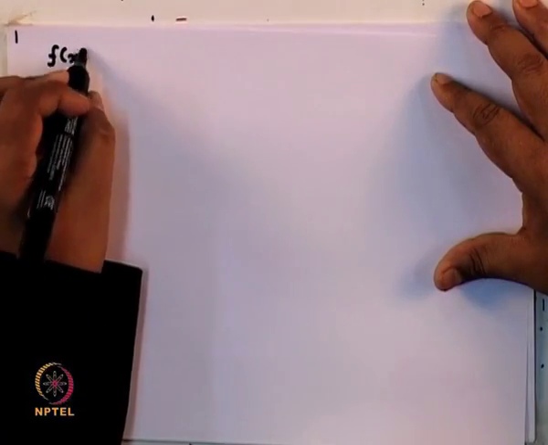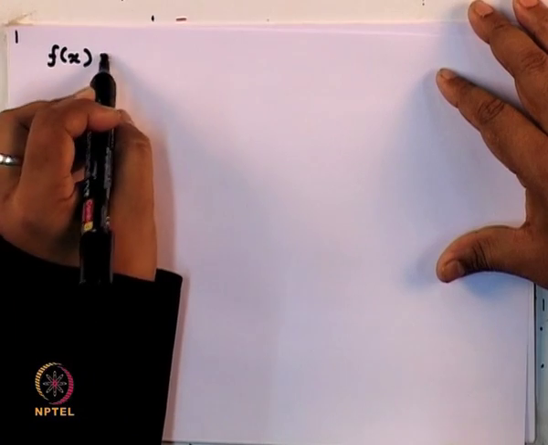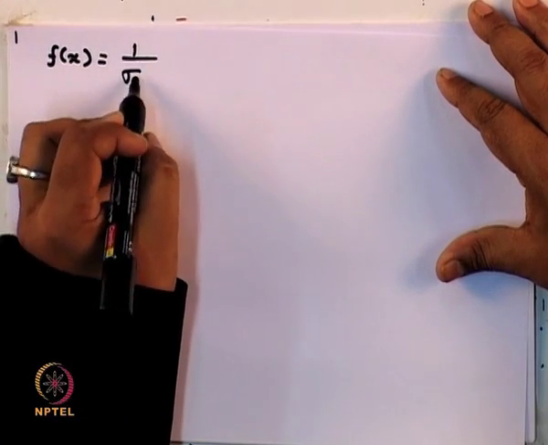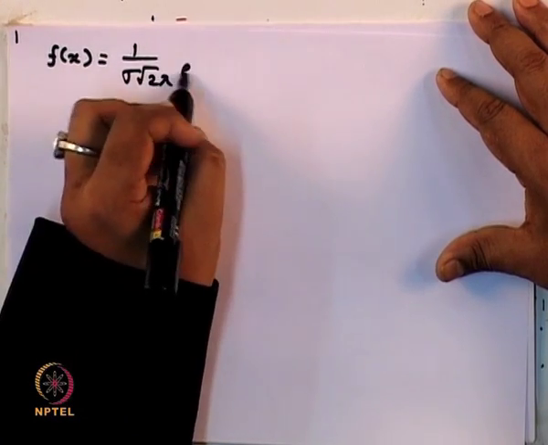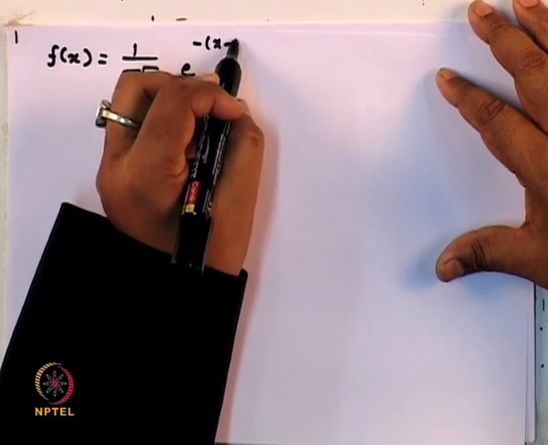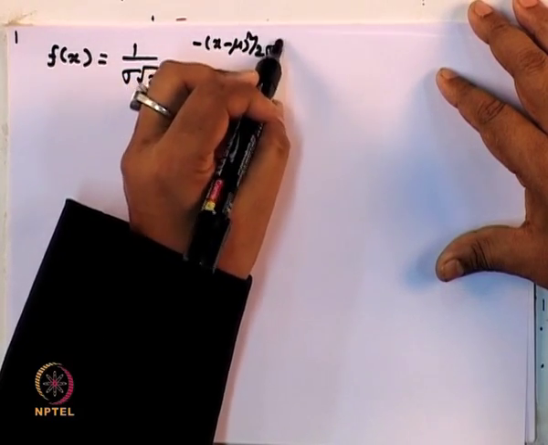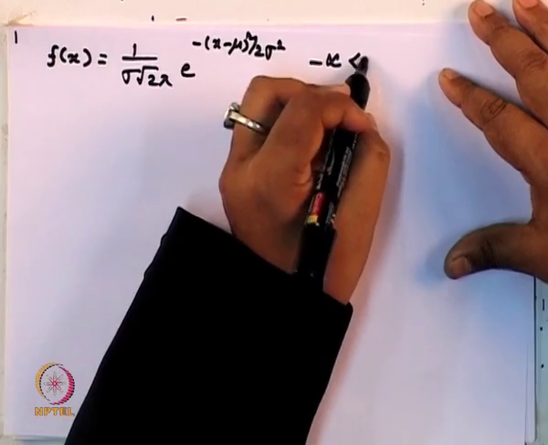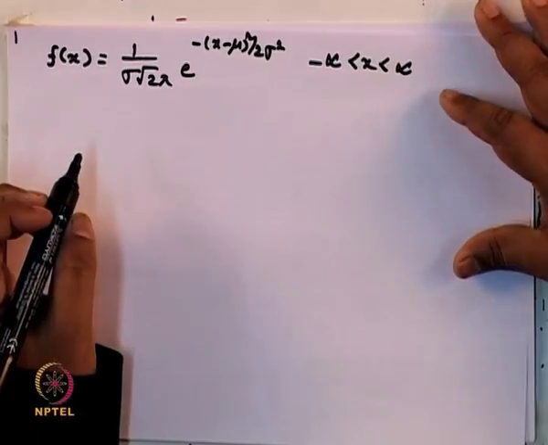So, for a normal distribution, your probability density function f(x) has the expression 1 by sigma root 2 pi exponential of minus (x minus mu) whole square by 2 sigma square, where x can have any values between minus and plus infinity.